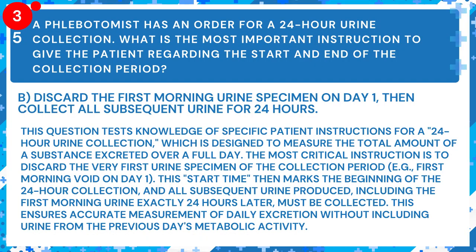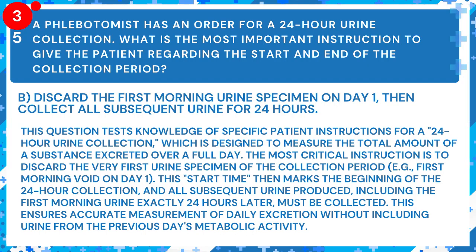Answer: B. Discard the first morning urine specimen on day 1, then collect all subsequent urine for 24 hours. Explanation: This question tests knowledge of specific patient instructions for a 24-hour urine collection, which is designed to measure the total amount of a substance excreted over a full day.